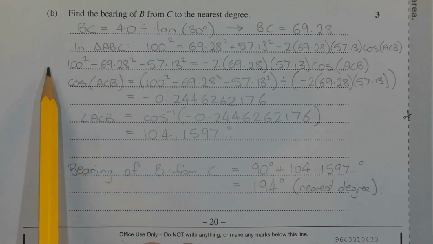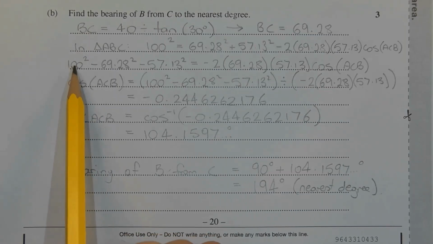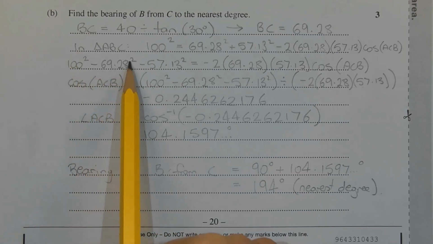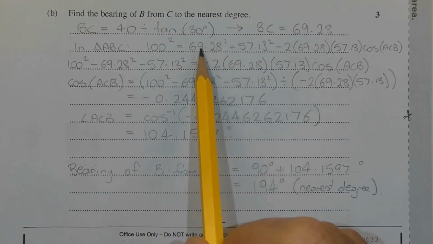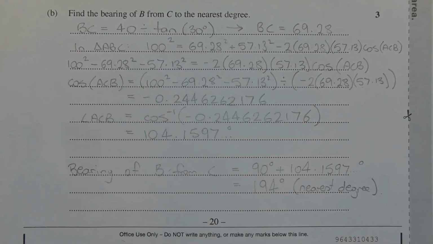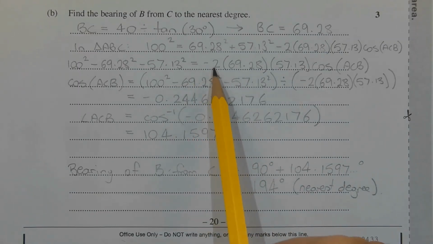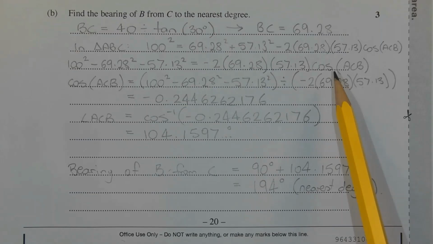So first step in rearranging this equation, I've got 100 squared minus 69.28 squared minus 57.13 squared. So that's these two terms here on the right hand side. I've moved them over to the left hand side. And that equals negative 2 times 69.28 times 57.13 times cos angle ACB.